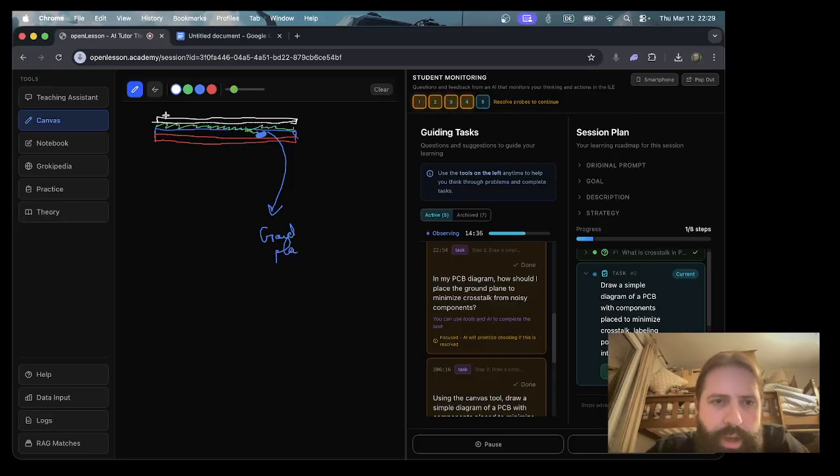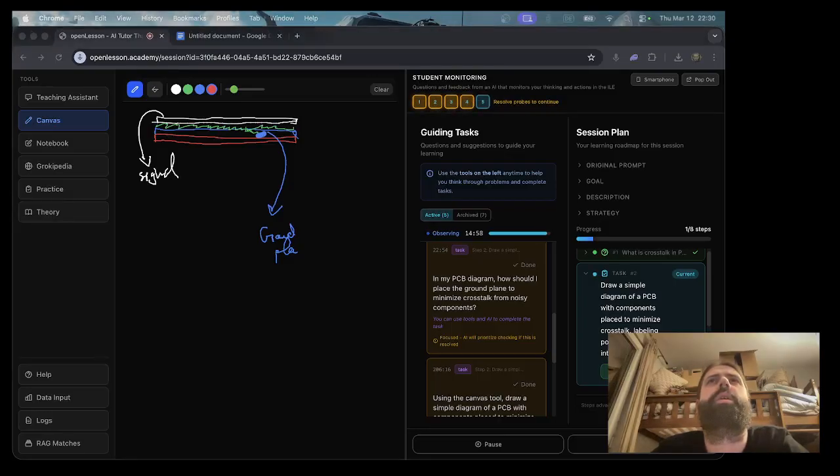The white things are the signal paths. Then we have here some sort of insulation.